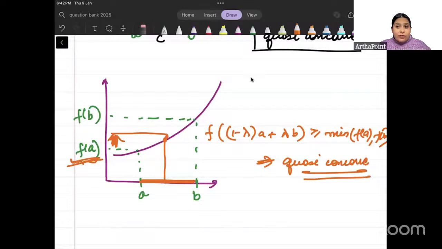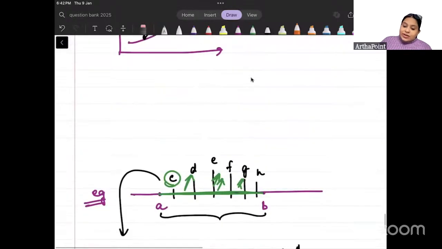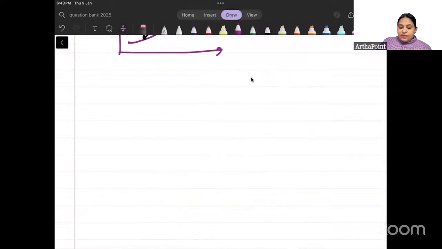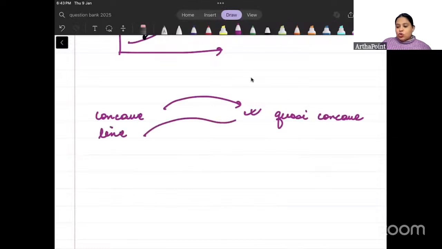But is this concave? No, this is a convex figure. This is not concave. So it means that something which is concave is coming out to be quasi-concave. Something which is a line, I showed that to be quasi-concave. Something that is convex, I showed that also to be quasi-concave.